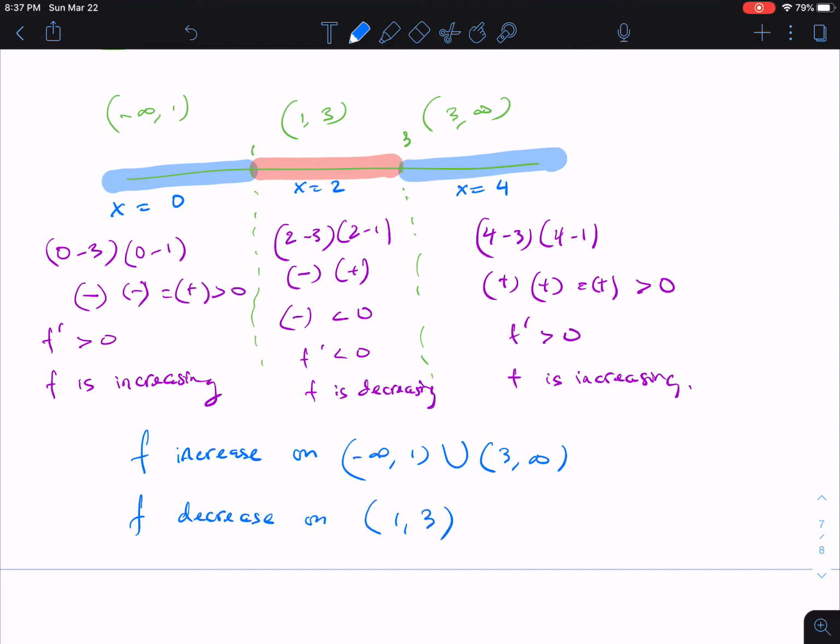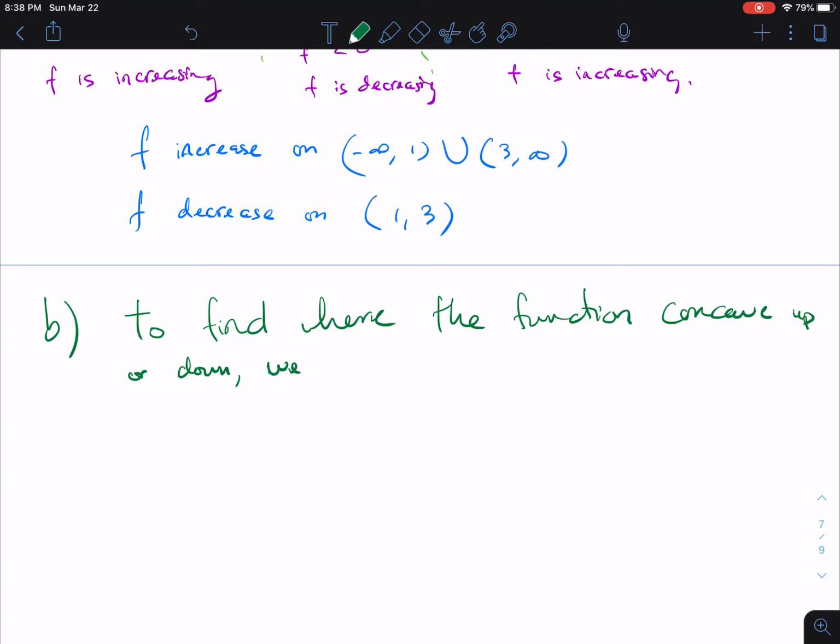Okay, so part B, to find where the function is concave up or down, we set the second derivative equal to 0.